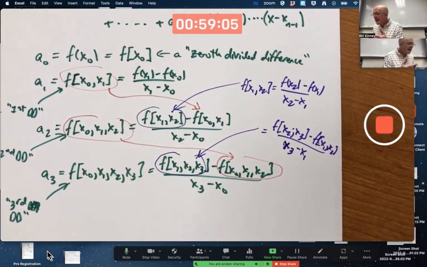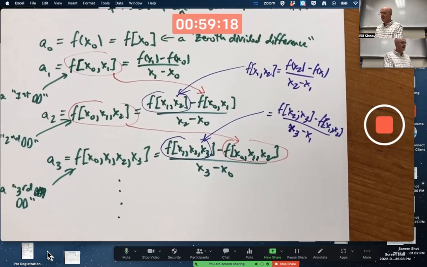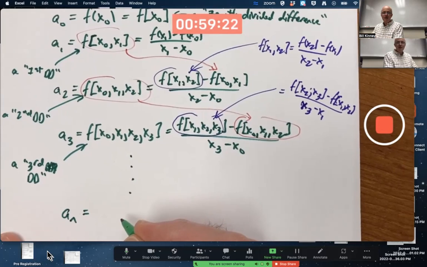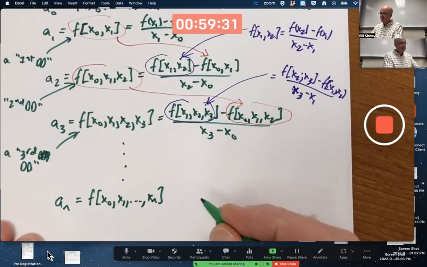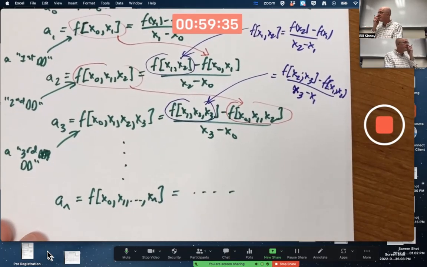This will have more meaning, mechanically speaking, when we implement it in a spreadsheet, which I think is what we will do instead of doing it by hand. That pattern continues until you get to AN, which is an nth divided difference. And an analogous formula holds. I won't bother writing it down.